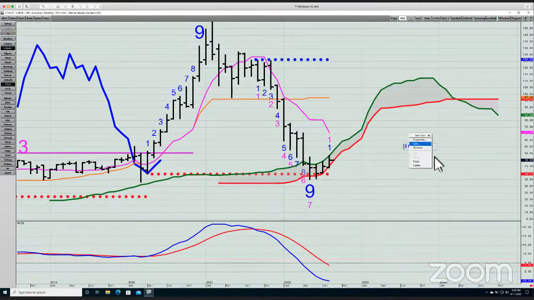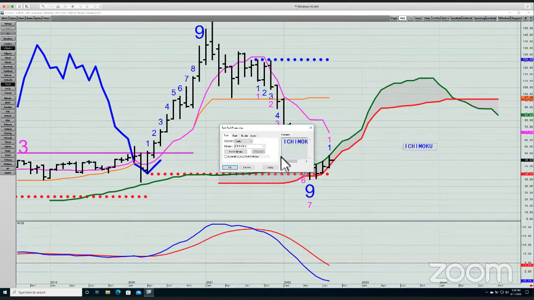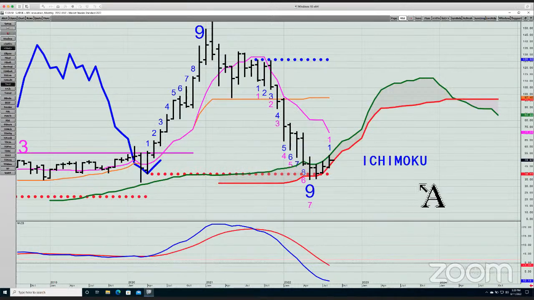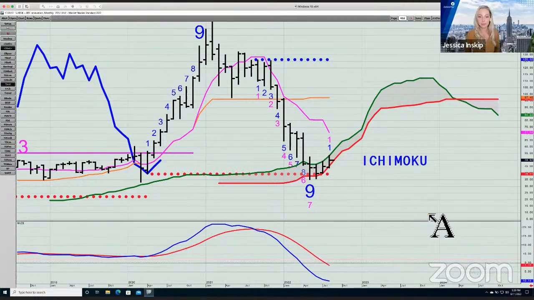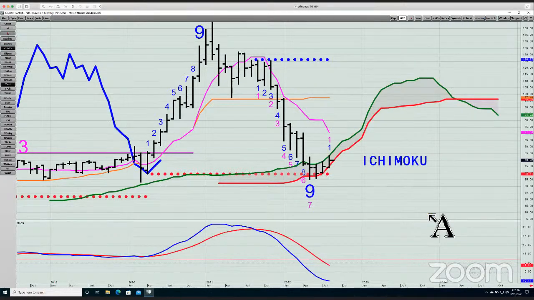Let me see if I can make it nice and big. We'll make the font much bigger. There we go. Ichimoku. That's probably what you're going to see it labeled as on your charting system. I have yet to see one that calls it cloud charts. This is the Japanese name for this cloud, for this model.